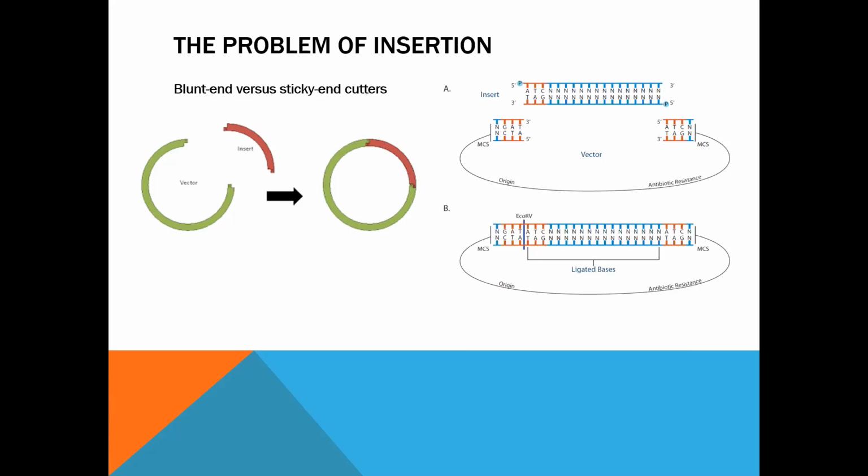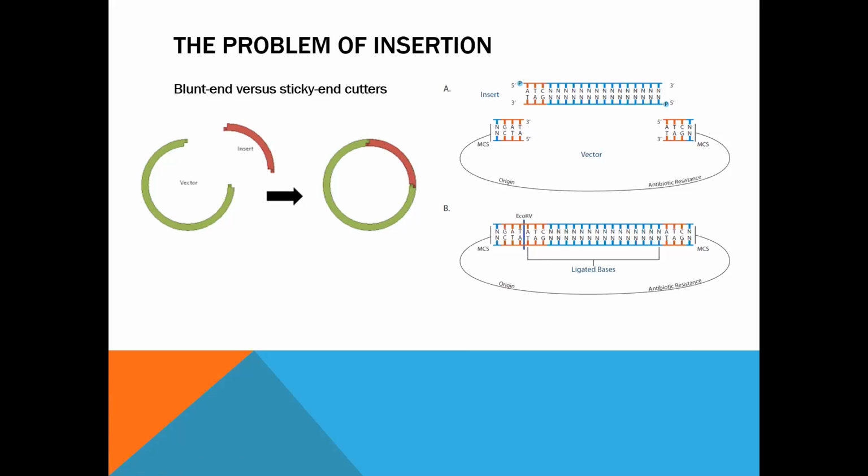Blunt end cutters, however, are shown like EcoRV here. These guys don't have an overhanging region they need to line up with. They can just get stuck together. So you see how here, if that piece didn't get inserted, you could just stick this right back to itself.